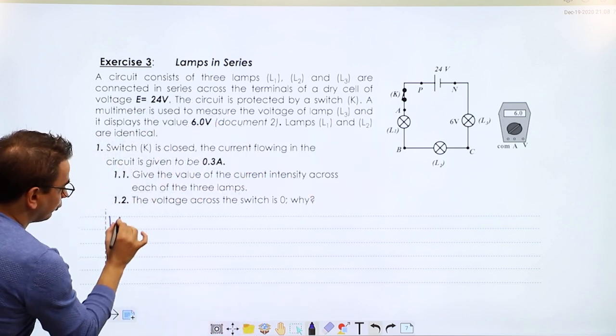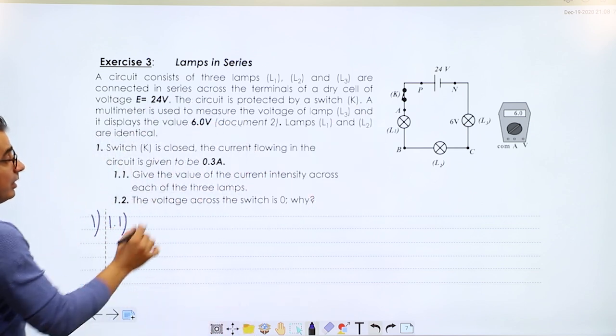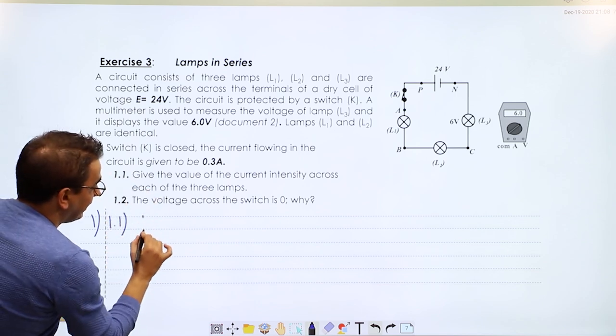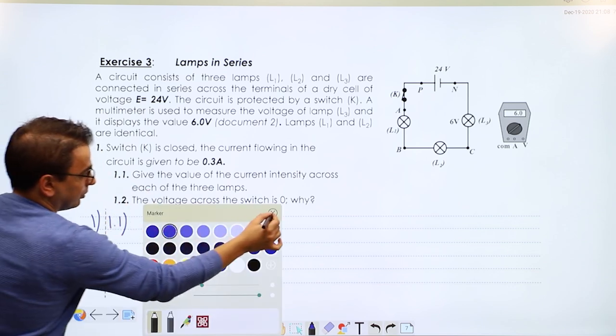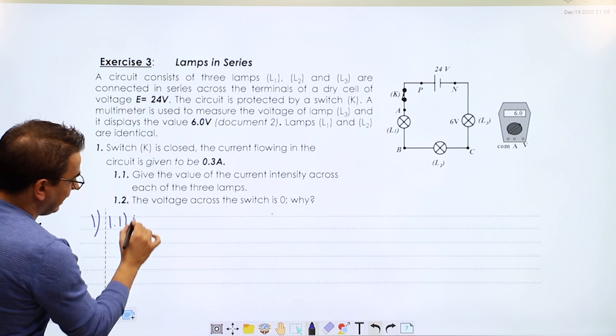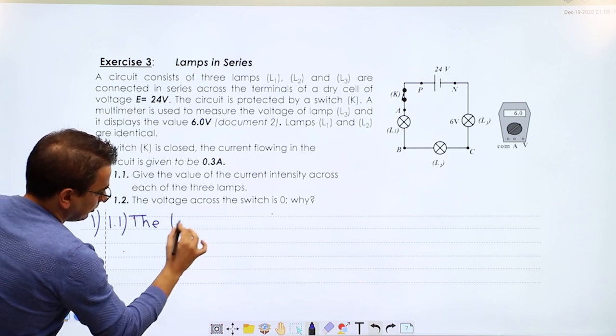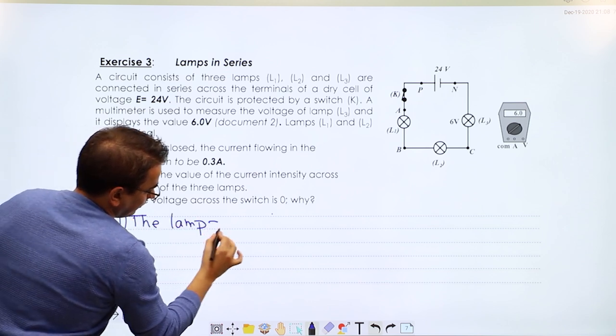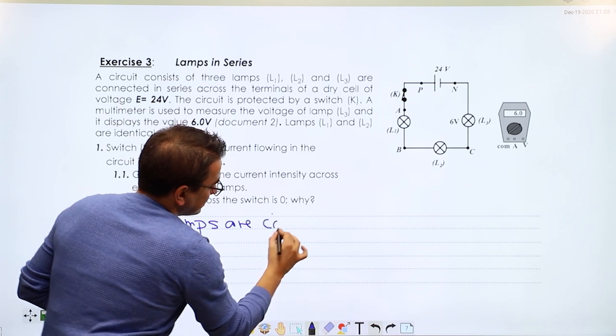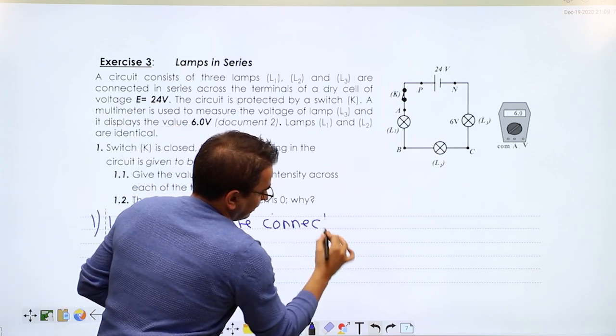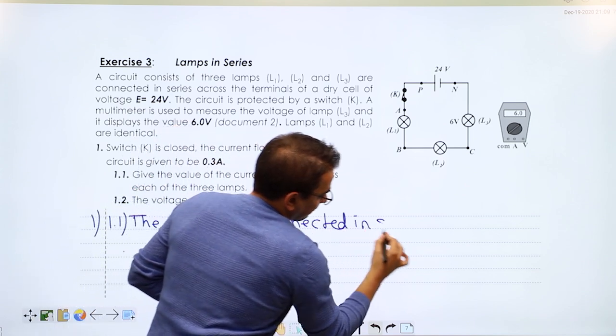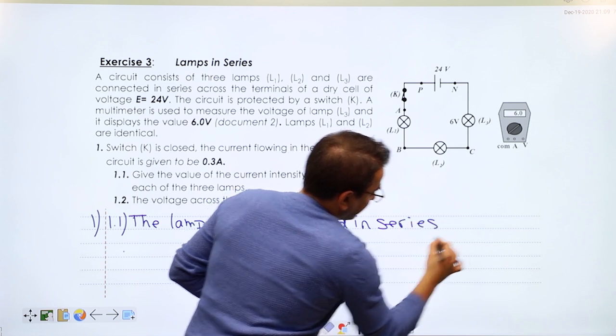So 1.1, part 1. We have the lamps. Okay. The lamps are connected in series. So directly, what can we say?